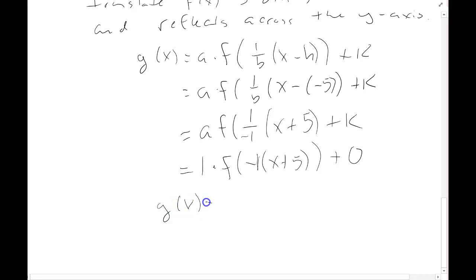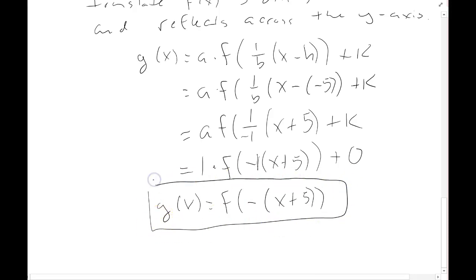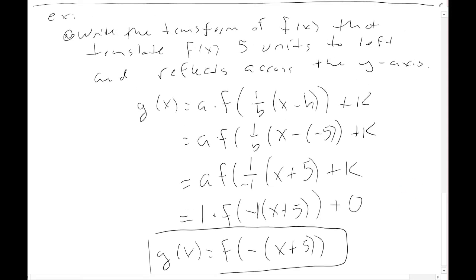I could write this as, well, 1 times anything doesn't change anything, and multiplying -1 into a parentheses is the same thing as just writing a negative sign outside the parentheses. And anything plus 0 is itself. So that tells me this is my translation for this description.